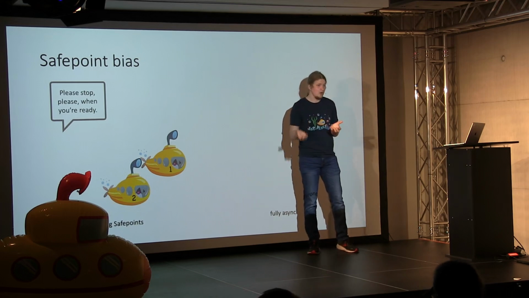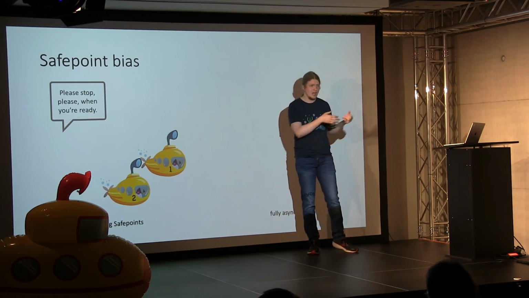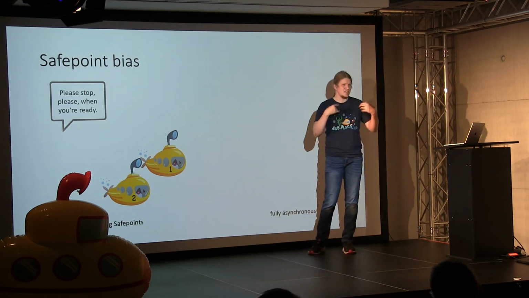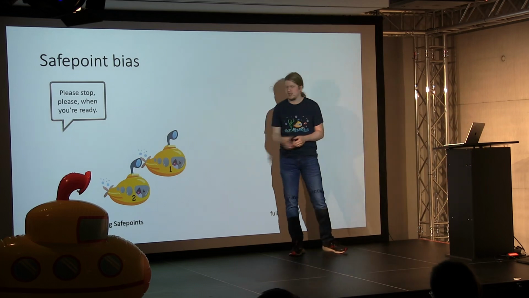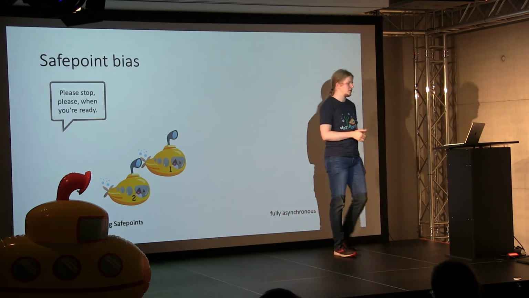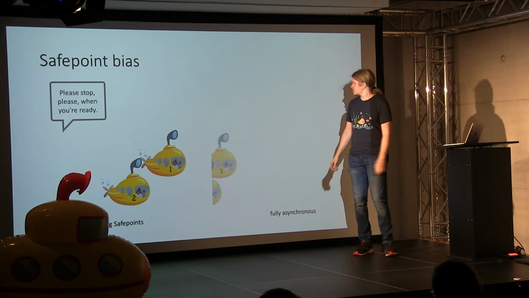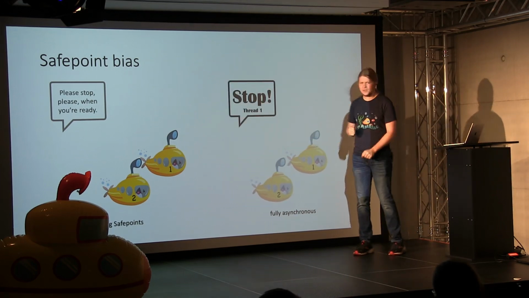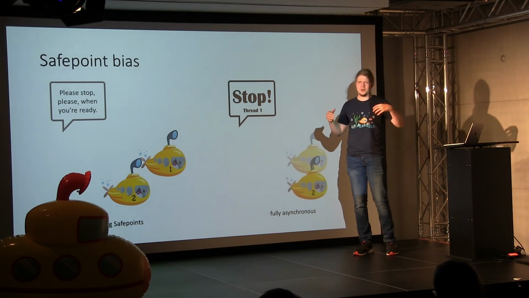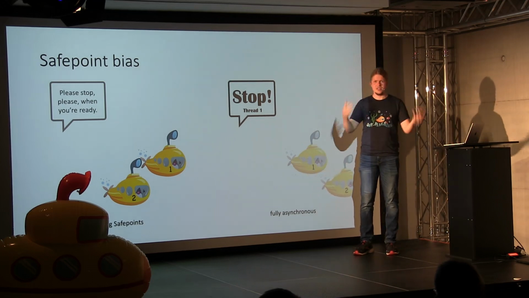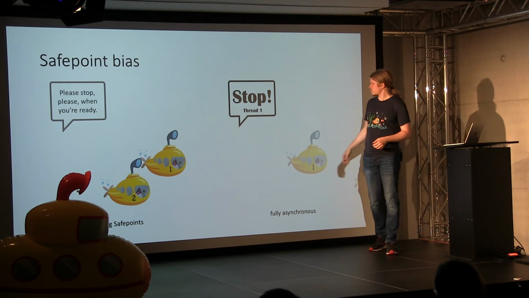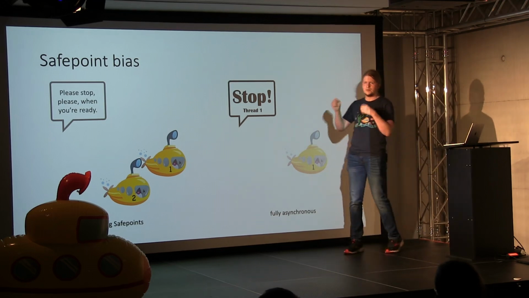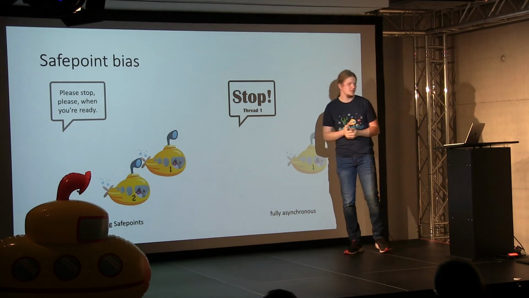So it's even more distorted, and you even have a larger performance impact, because thread 1 essentially waits until the second thread is at this point. And with asynchronous, you're saying stop thread 1, because you only care about one thread, because you don't need to have the whole JVM in a defined state. You just stop thread 1, work on it, and then you get to thread 2 and say, okay, please stop. So that's really cool.